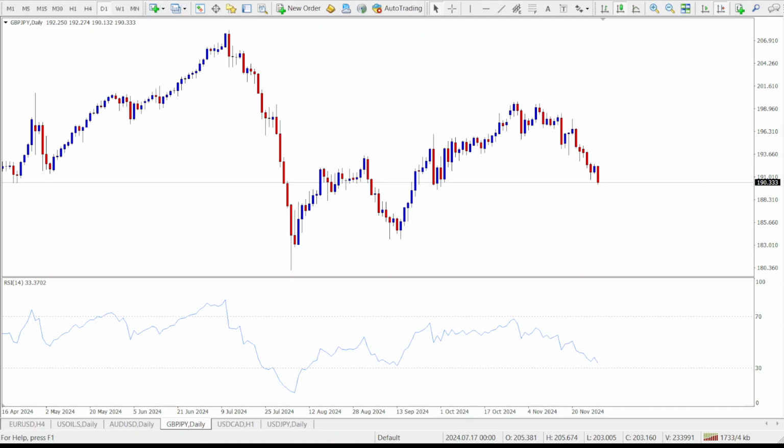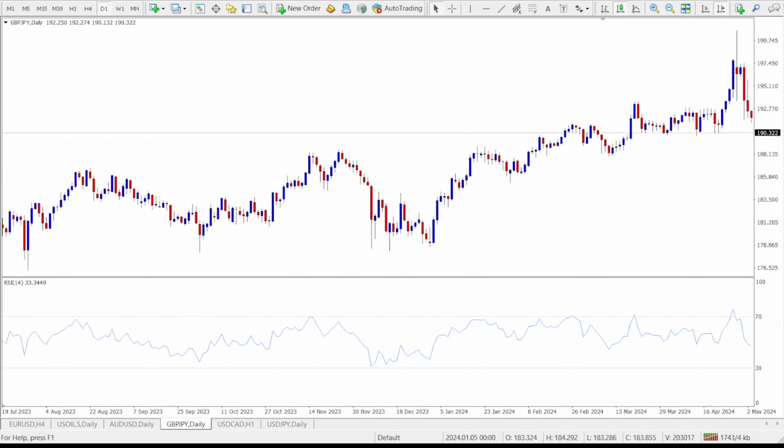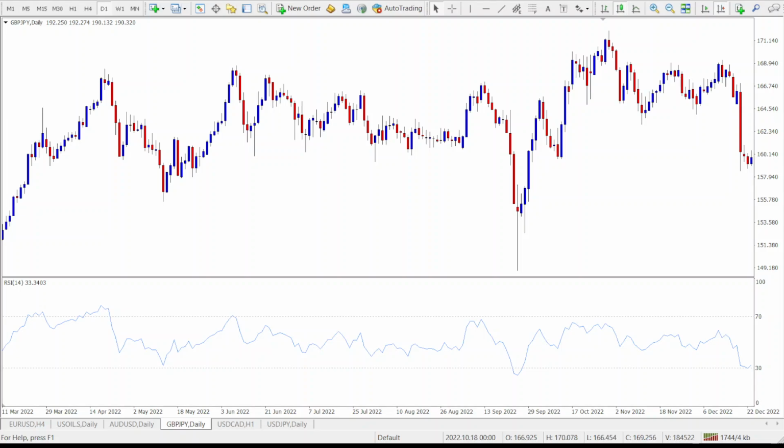All right. On the other hand, when you have a bullish reversal, when the RSI crosses above the 30 level, that is a bullish reversal of the RSI indicator from the oversold territory. It could either mean a bullish trend reversal or a bullish trend continuation.